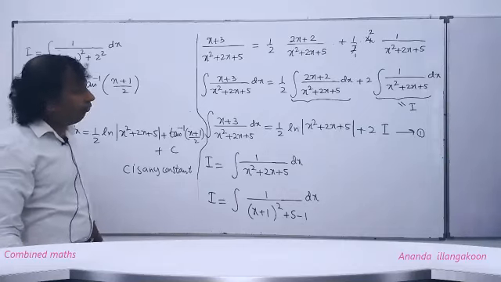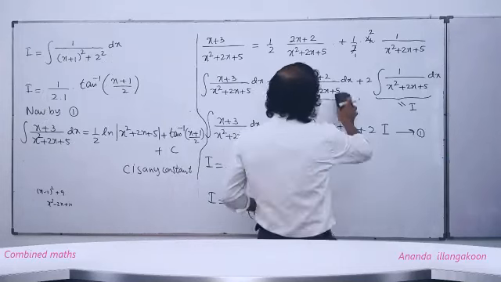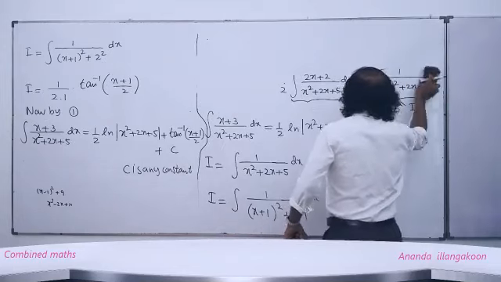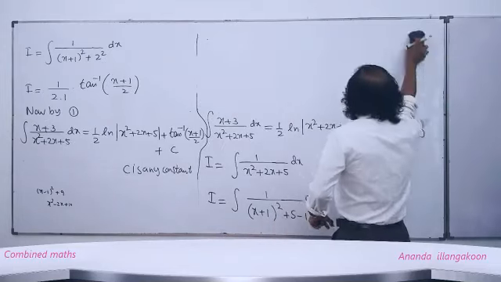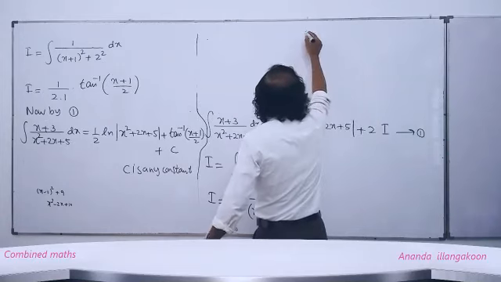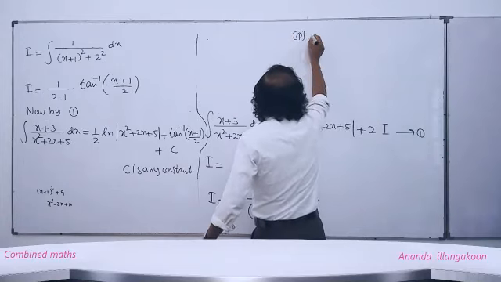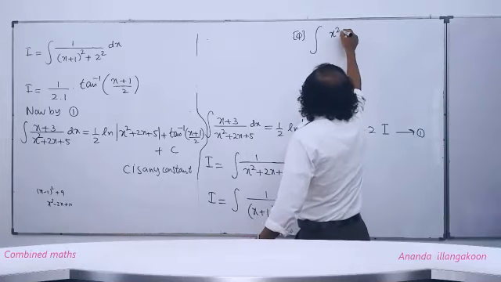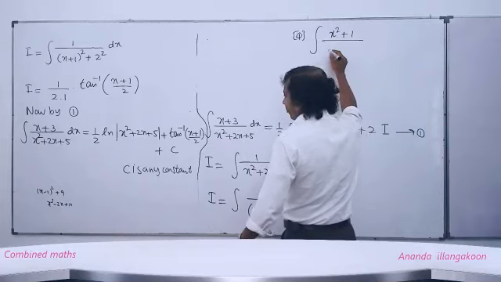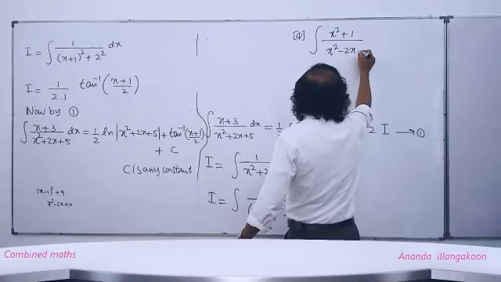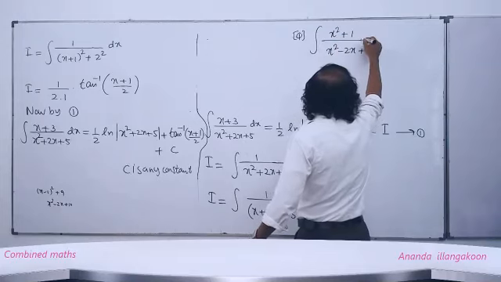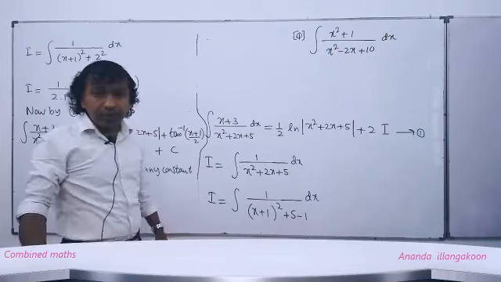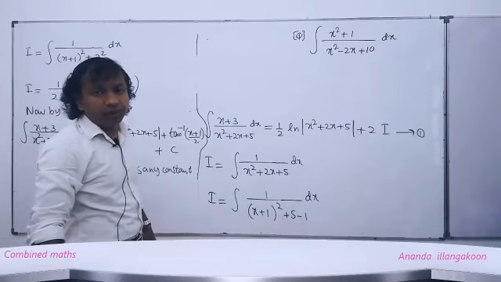Okay, now will come another question, people, like this. Suppose we have a question like this: x squared plus 1 divided by x squared minus 2x plus 10. This we have. Now the numerator, people, second degree polynomial we have, right?